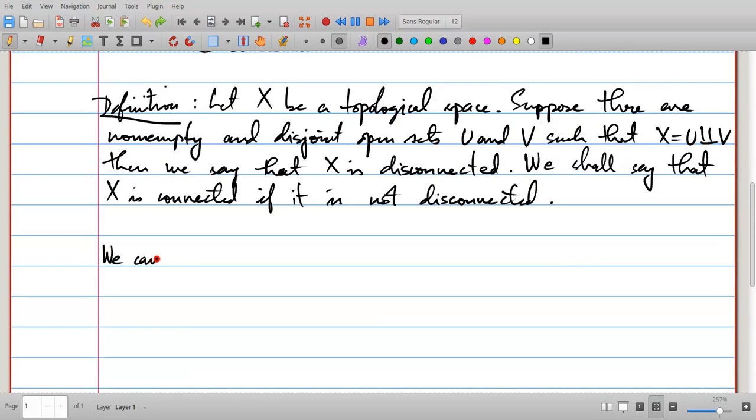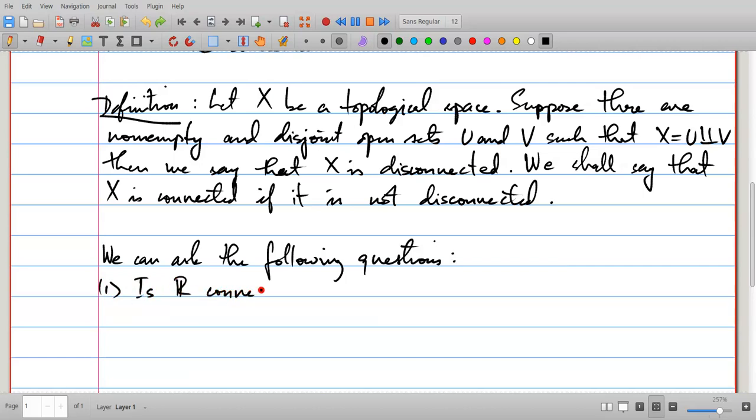So we can ask the following questions. So the first one is, is the real line connected? The real line with the standard topology. And what about R^n?